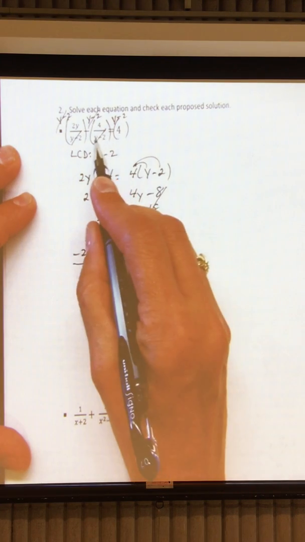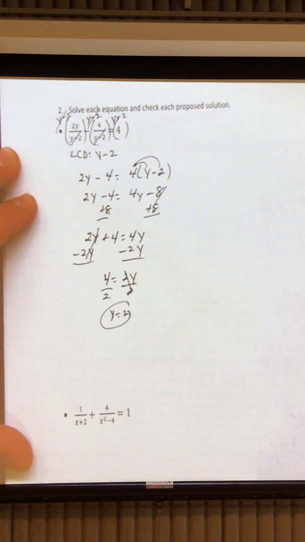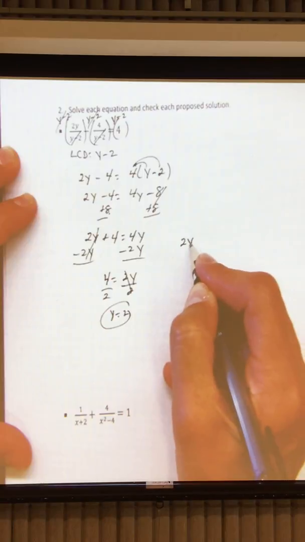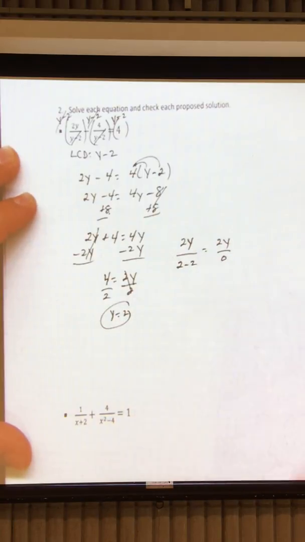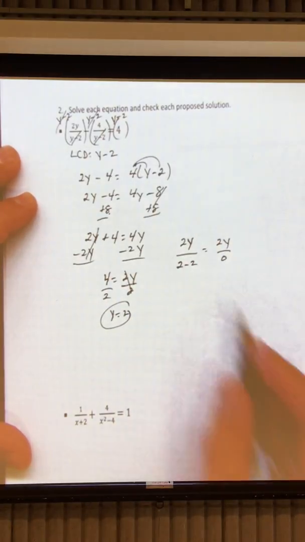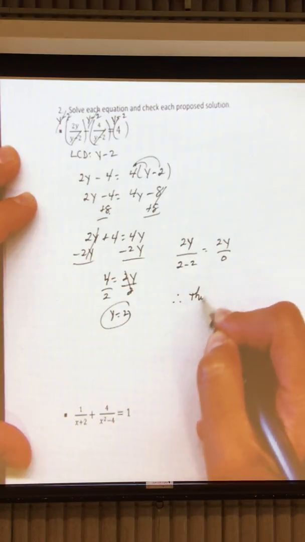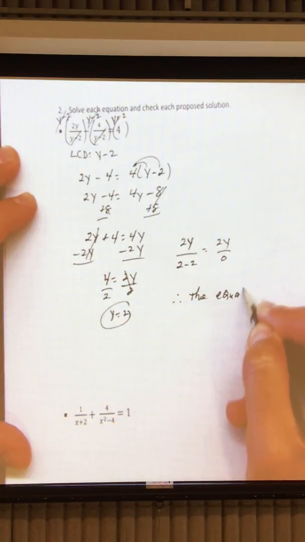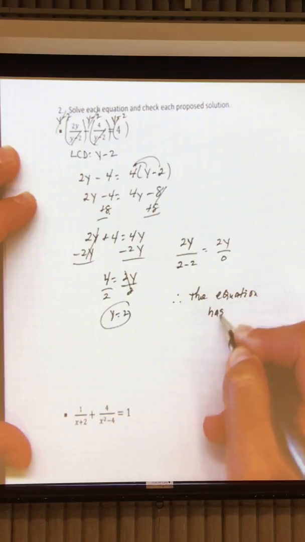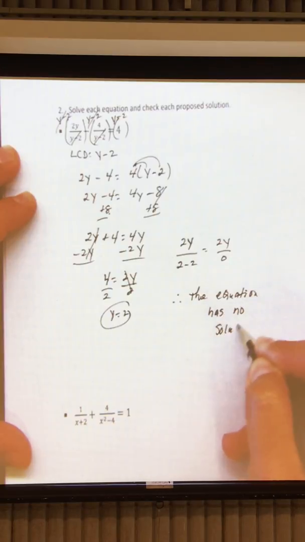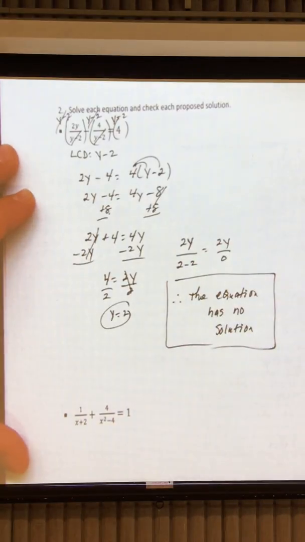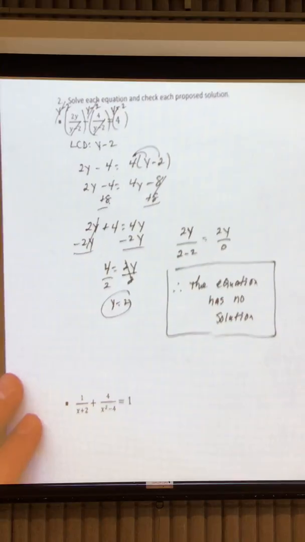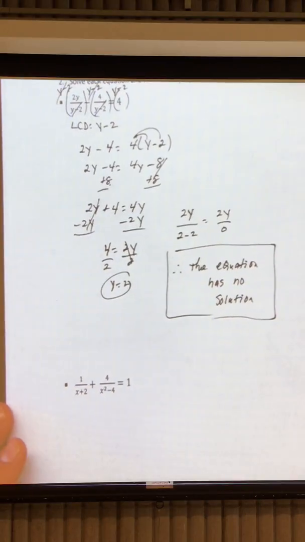However, when you substitute 2 back into the equation, you are left with 2y over 2 minus 2, which is a denominator of 0. Therefore, you cannot have a denominator of 0, which means the equation has no solution. Otherwise, if you plug in the 2, it will be undefined. Therefore, you have no solution for this rational equation.